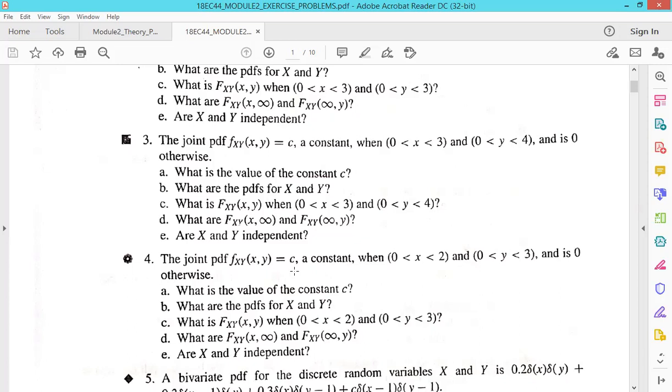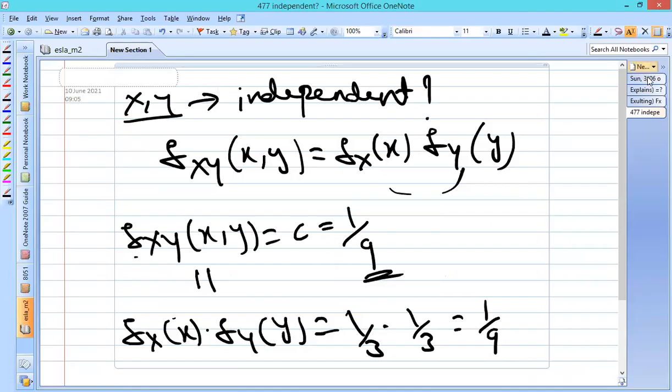Then fxy of x comma y, the CDF, in the similar way as the previous problem, and fxy of x comma infinity and fxy of infinity comma y. And we need to check whether both the variables are independent or not. So with this, we'll solve the problem. So just take up the new page.